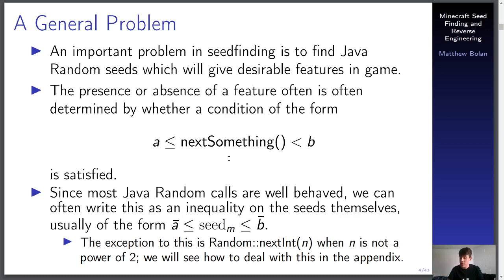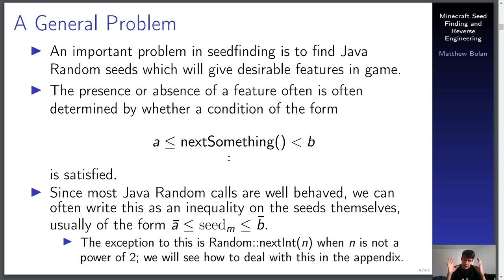So, with that out of the way, we are going to consider a very general problem in seed finding, and that is to find Java random seeds which will give desirable features in game. And so, what do I mean by giving desirable features?